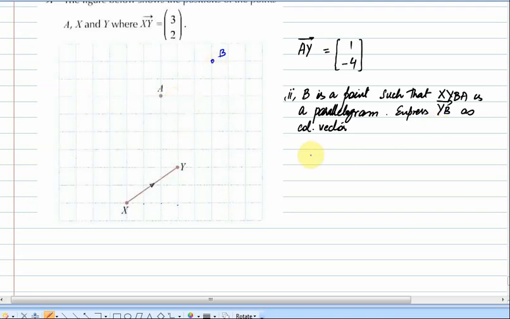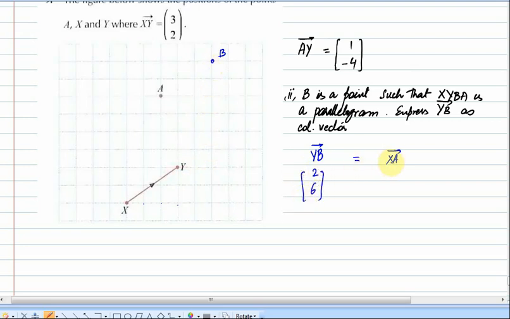Now I need to express YB. So YB should be the same as XA, right? So if you find YB, it's 1, 2, 2 units to the x and 1, 2, 3, 4, 5, 6 units to the y, that is YB.